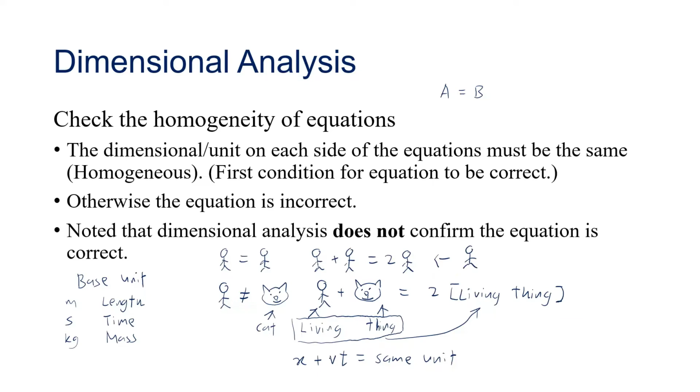You can see velocity is meter per second, and when it is multiplied by t, which has a unit of second, the seconds just get cancelled out. So we get the same unit as x. This is what we do in this change of unit.